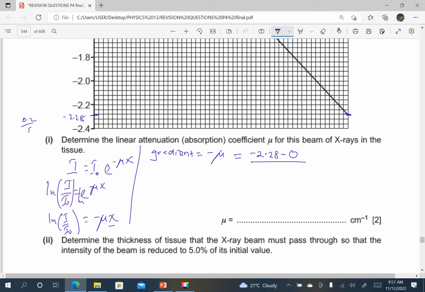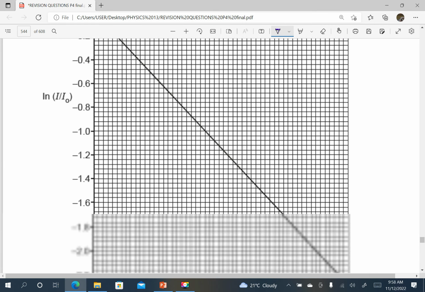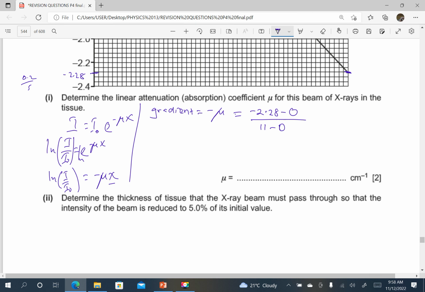On the x-axis, it is at the extreme, so that is 11 minus 0. So that is the gradient, and your answer here is going to be negative 0.2072. So negative mu is equal to negative 0.2072. Therefore, mu is going to be 0.21 to two significant figures.